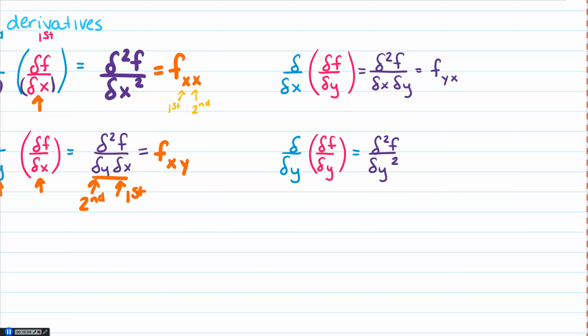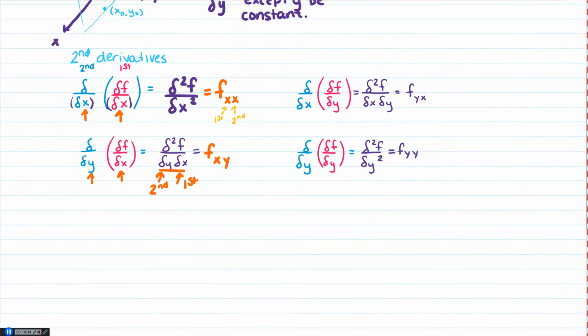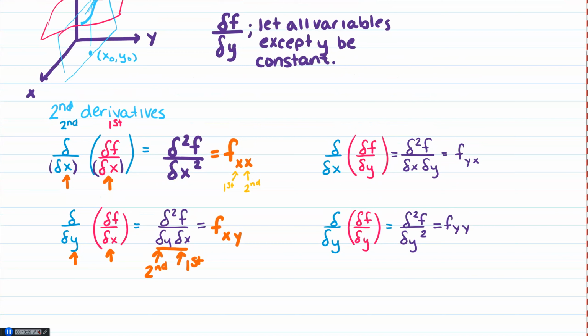And if we write that in the f notation, it would be f sub yy. So the first thing with the partial derivatives is first learning how to take a partial derivative, and then the second thing is being able to read the notation. Okay, so keep that in mind.